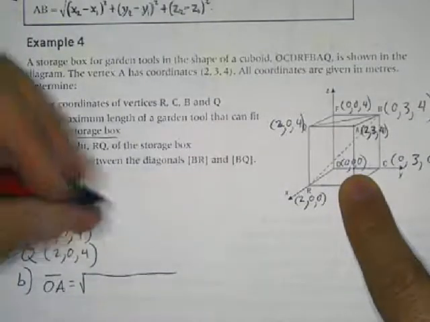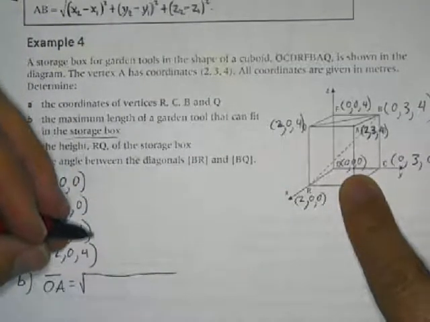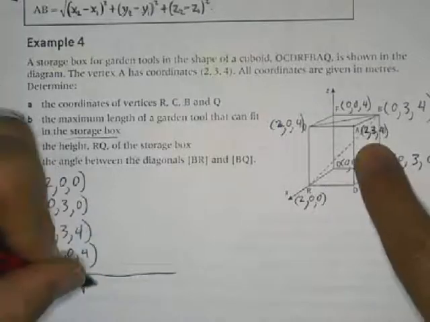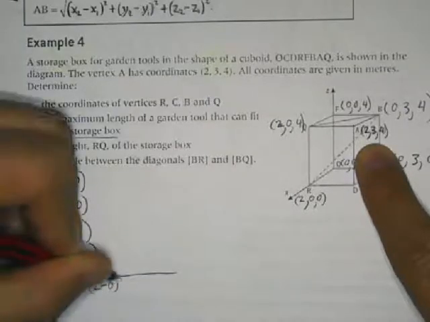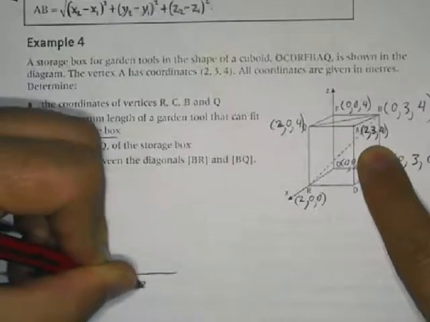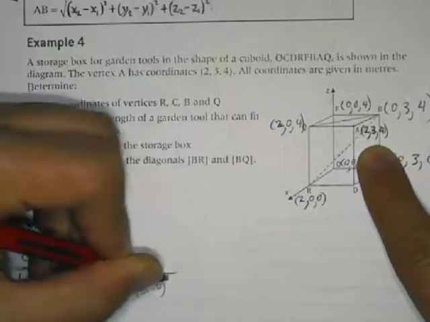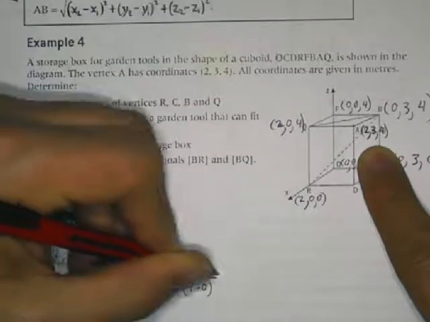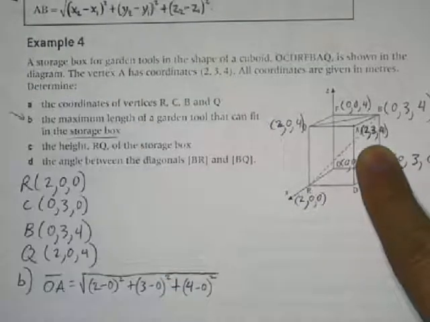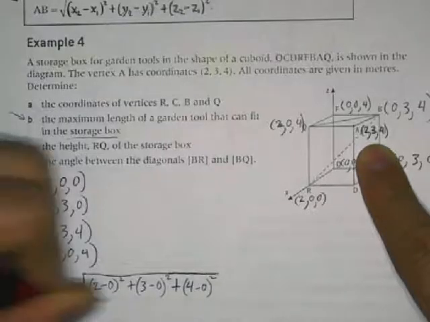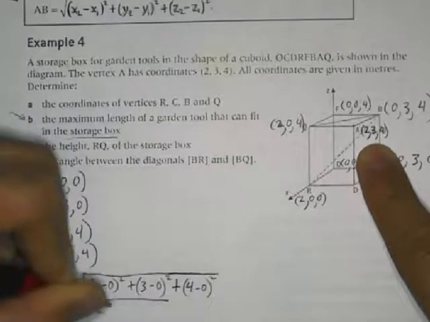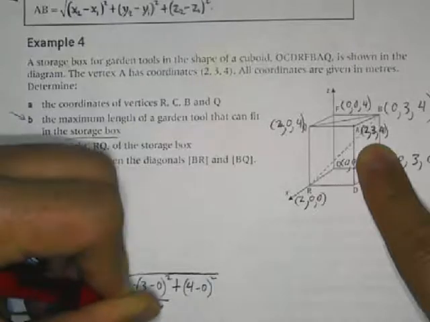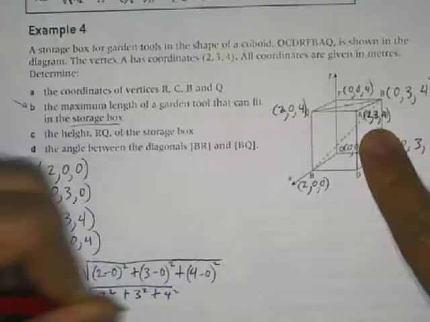So let's do this. We've got 2 minus 0 squared plus 3 minus 0 squared plus 4 minus 0 squared, which gives me 2 squared plus 3 squared plus 4 squared, which gives me 4 plus 9 plus 16.